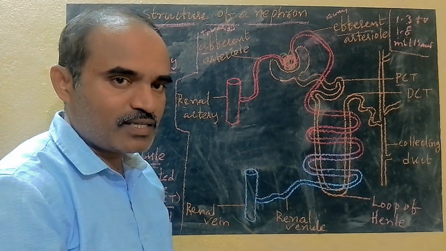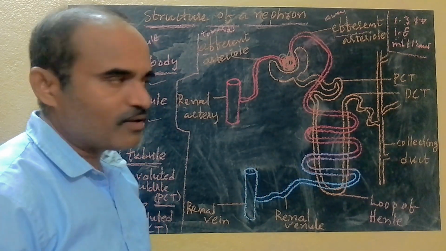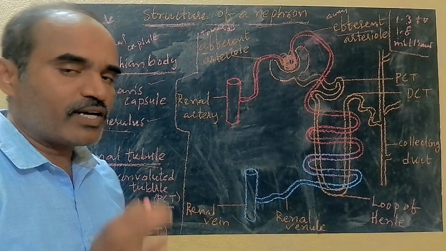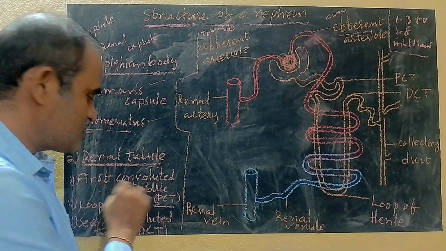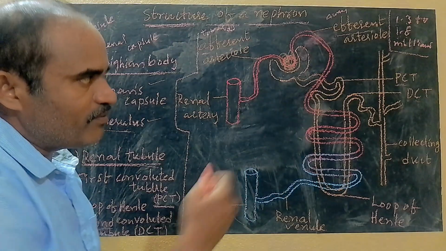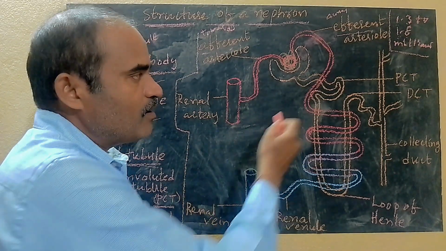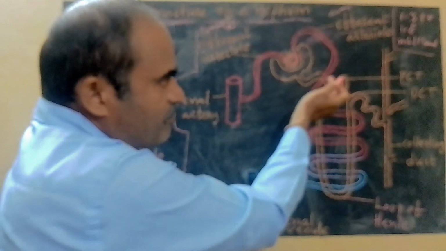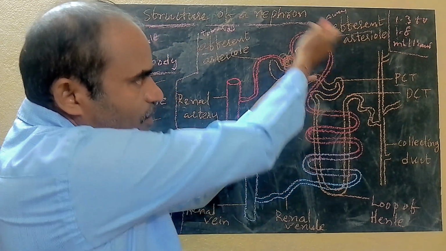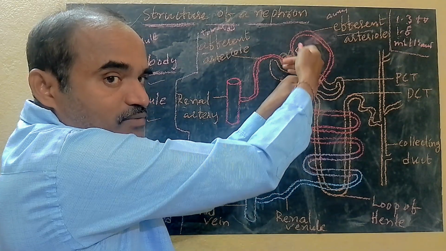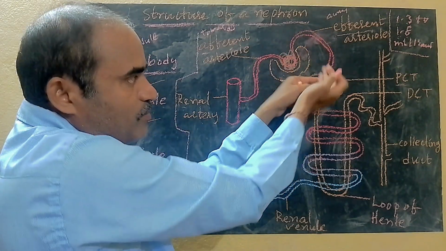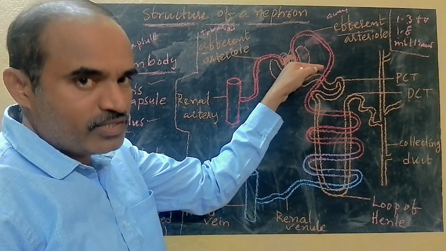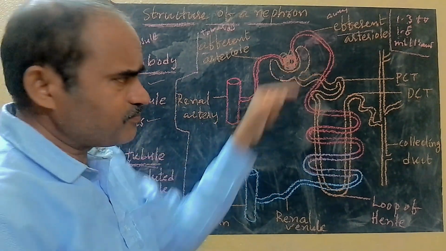First we will discuss the first part of the renal tubule, the PCT. PCT is also called the proximal convoluted tubule, or the first convoluted tubule. Where is it located? After the glomerulus and Bowman's capsule, together called the Malpighian body, the remaining tubular part of the nephron is the renal tubule.